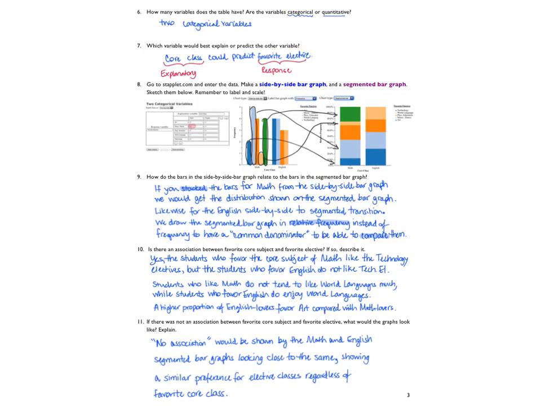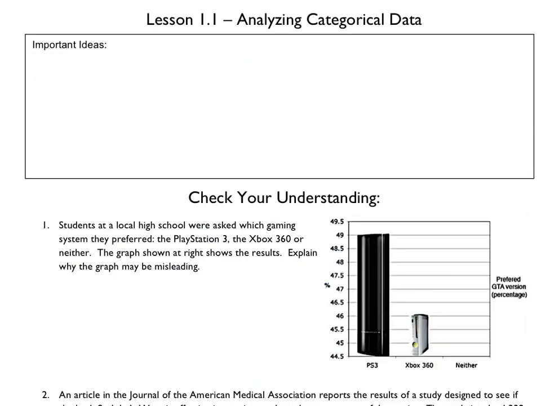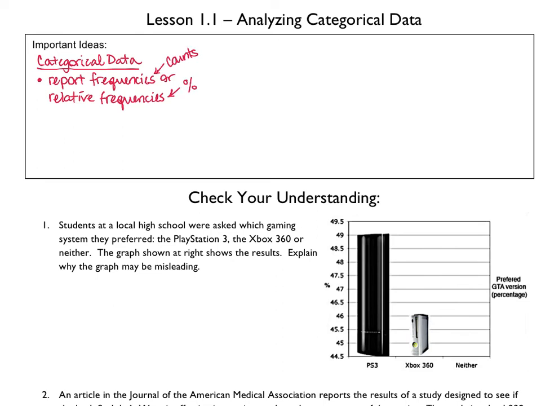Next, let's take a look at the important ideas that we have collected during this lesson. When it comes to categorical data, we have choices when it comes to graphing. We can report the data either in frequencies or counts, or relative frequencies or percents. We will use either bar graphs or pie charts. But there are different types of bar graphs.